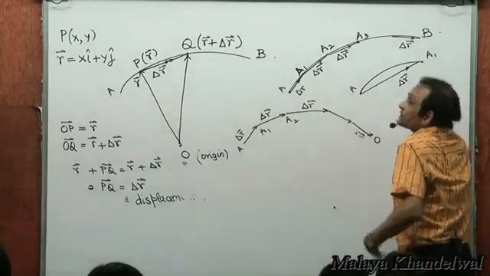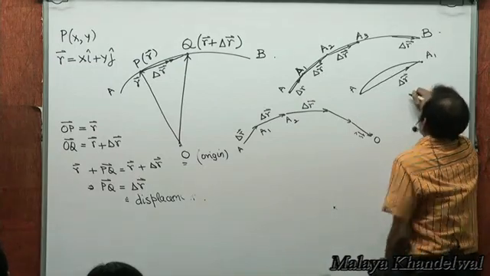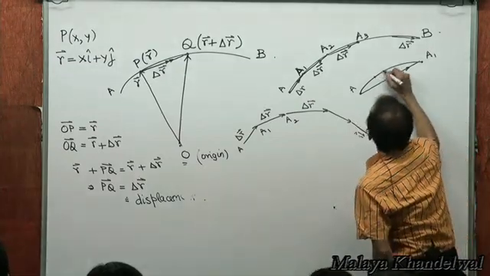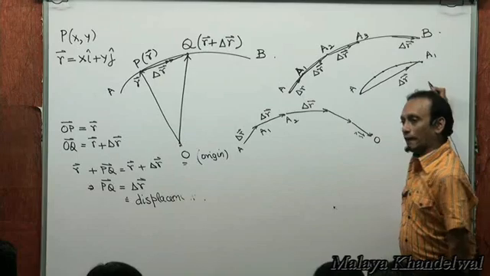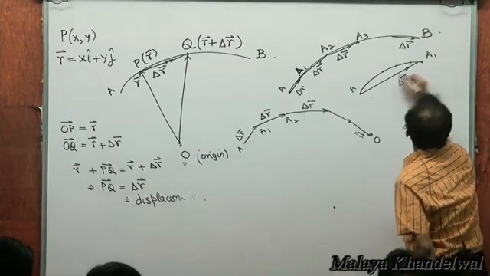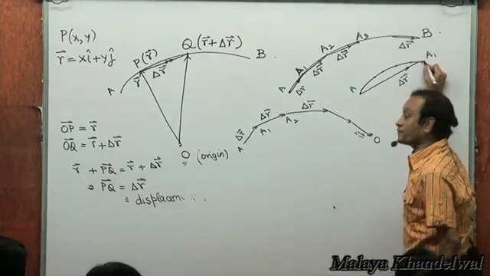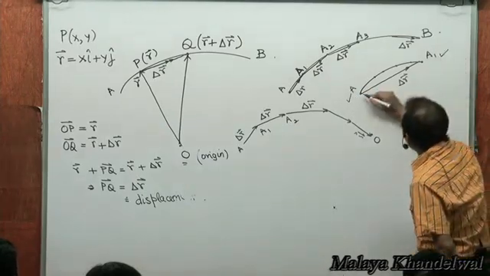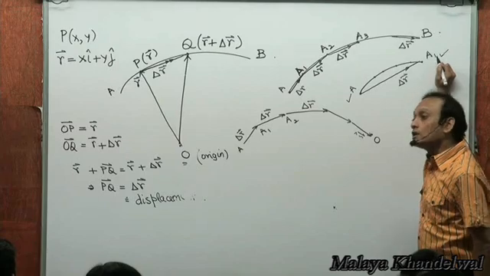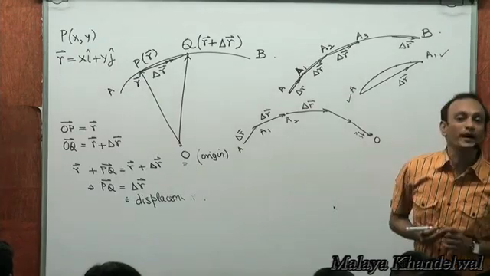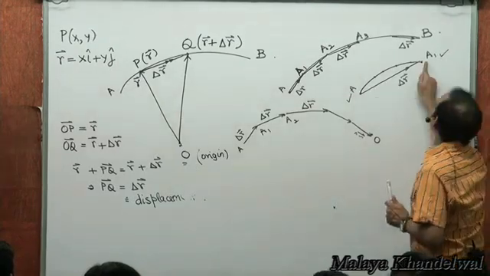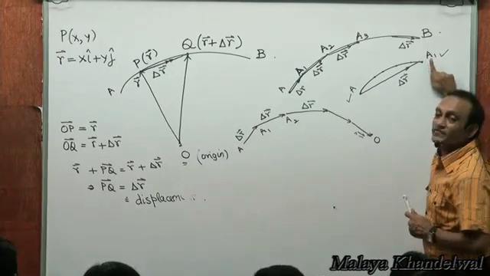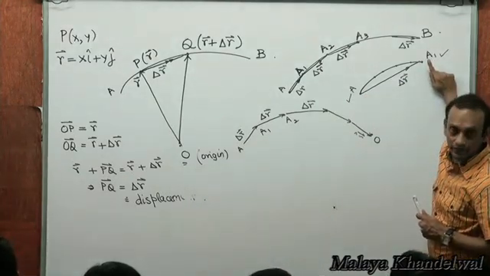In the process, it's as if I'm suggesting that the particle had nothing to do with all points between A and A1, as if A and A1 were the only important entities and the intermediate points were inconsequential. That's the extent to which I compromise when I replace this curve by this straight vector delta r from A to A1.